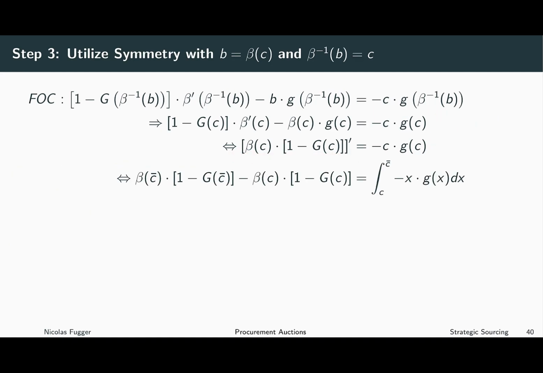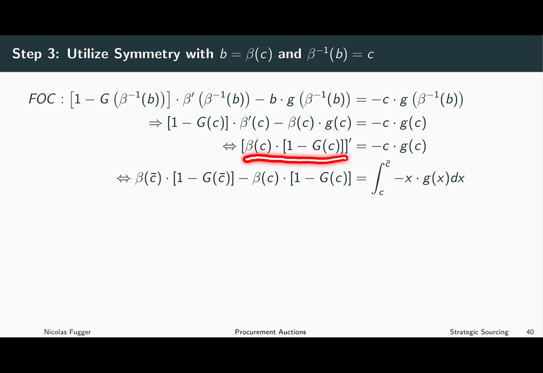In the next step, we take the integral from c to c upper bar on both sides. Okay, so on the right hand side, we can just write down the integral from c to c upper bar of this expression. On the left hand side, we can directly plug in. We first plug in the upper limit, meaning c bar.